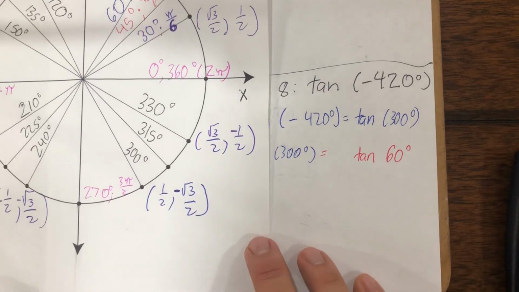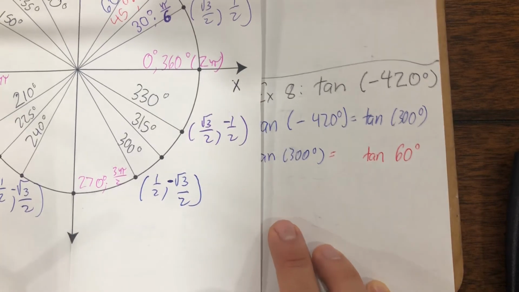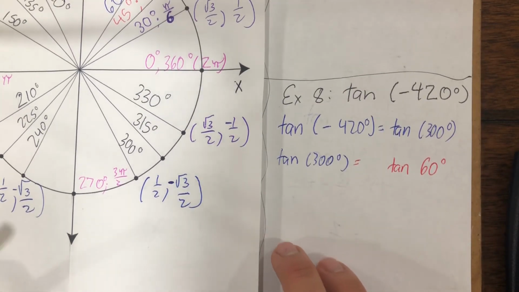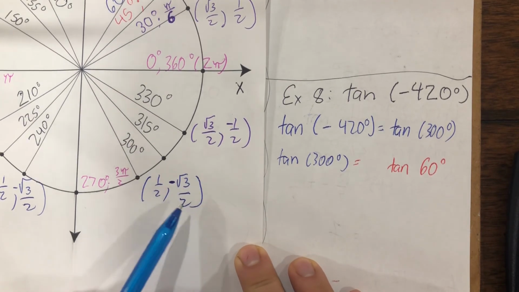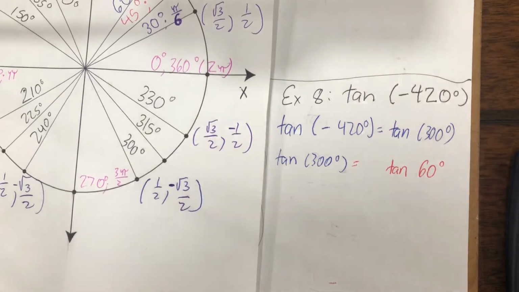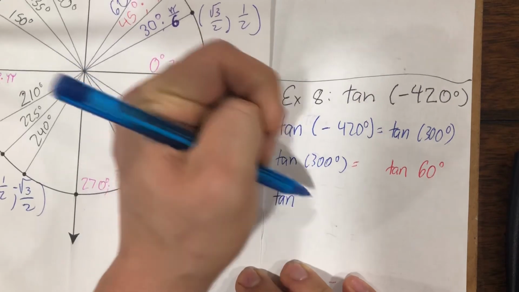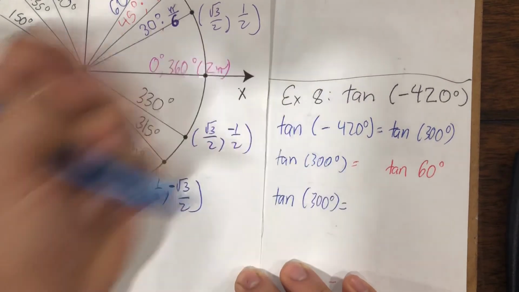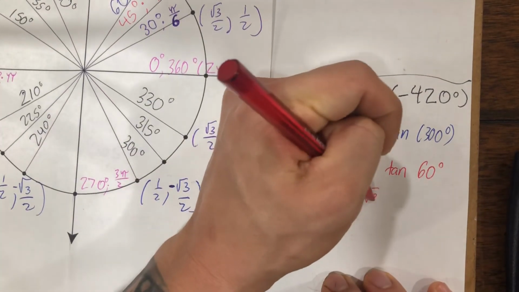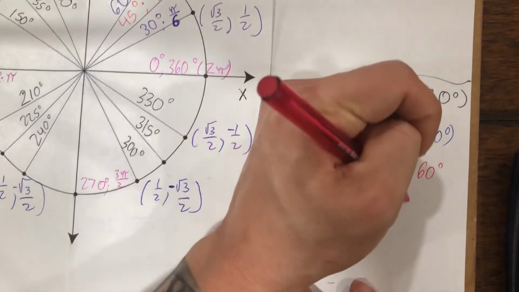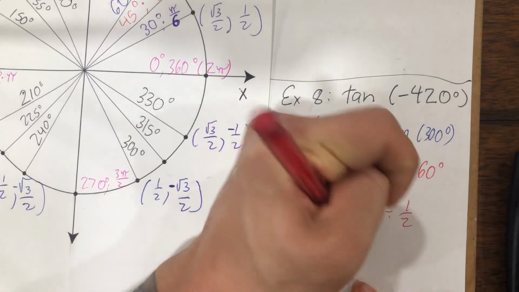Now we're going to divide these two numbers. For tan of 300, we divide the y value by the x value. So we have tan of 300, which is negative root 3 over 2 divided by 1/2. Since we're dividing two fractions, I'm going to do the keep, change, flip technique.